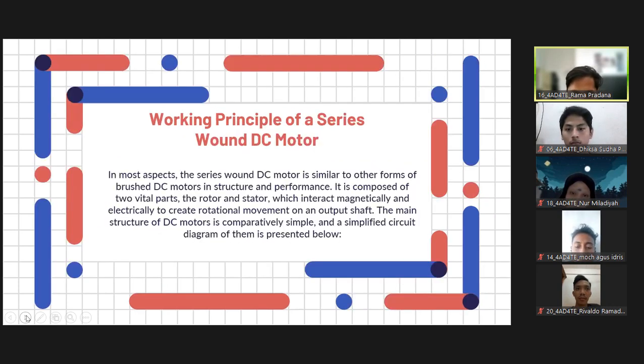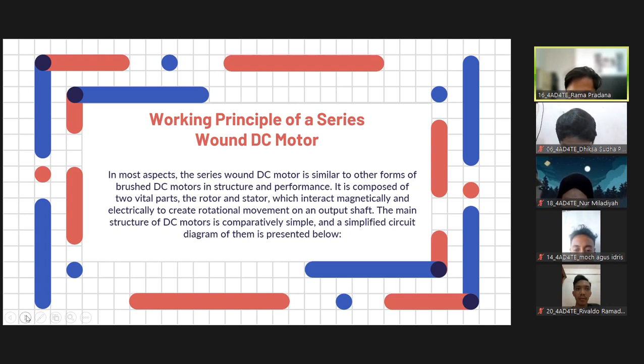Next, working principle of a series wound DC motor. In most aspects, the series wound DC motor is similar to other forms of brush DC motor in structure and performance.